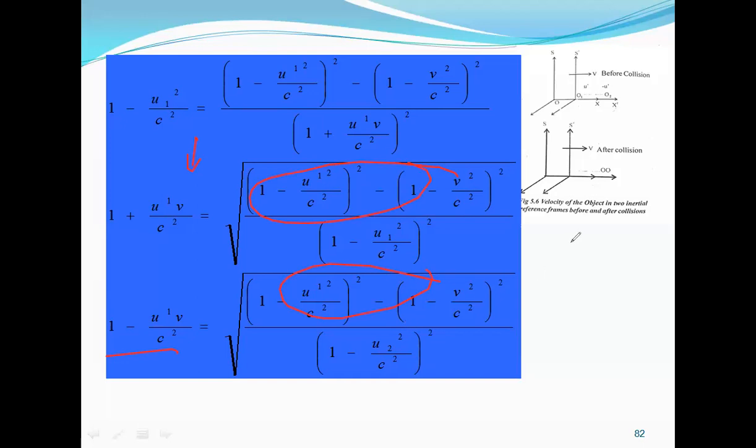You keep u1 and u2 as they are. Actually this is u prime and this is going to be minus u prime in the second frame. Both are the same, but kind of before collision like this, okay? But still we are just keeping u1 and u2 as they are.